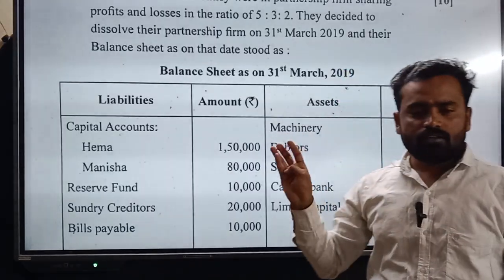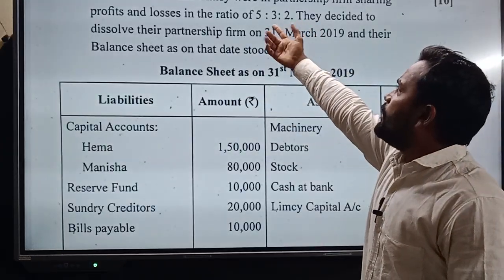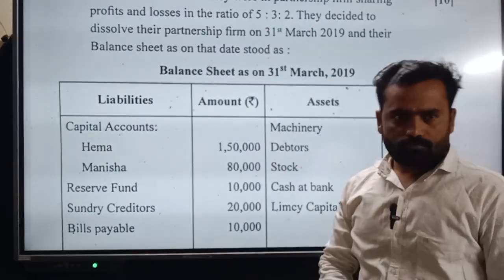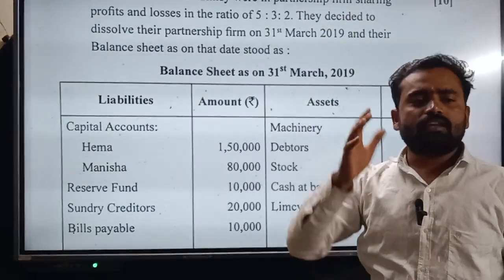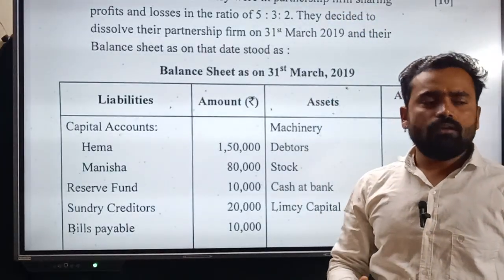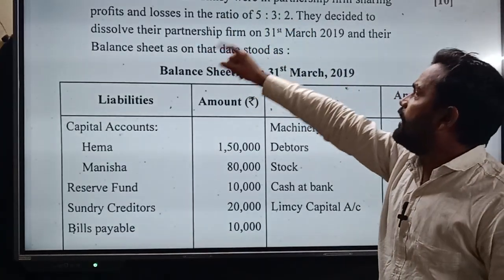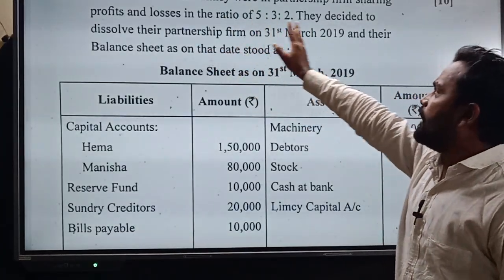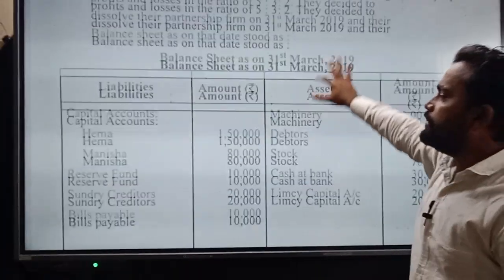Hema, Manisha and Limsi are the 3 partners, and their ratio is given as 5:3:2. The total of this ratio is 10, meaning if there is 10 rupees profit, then 5 rupees for Hema, 3 rupees for Manisha and 2 rupees for Limsi.